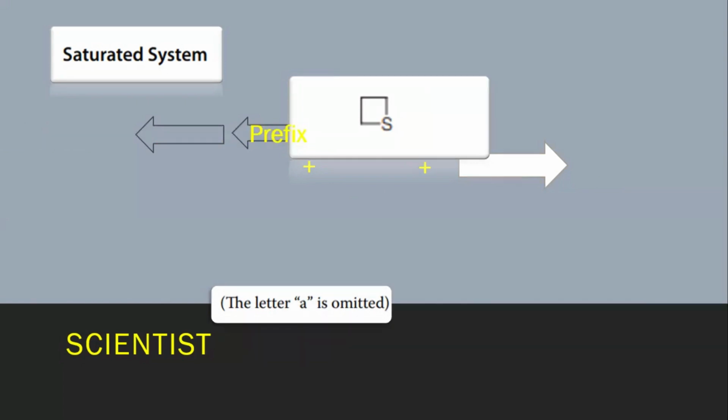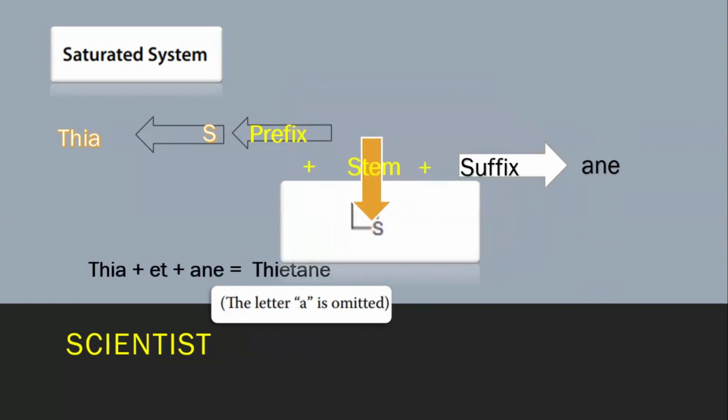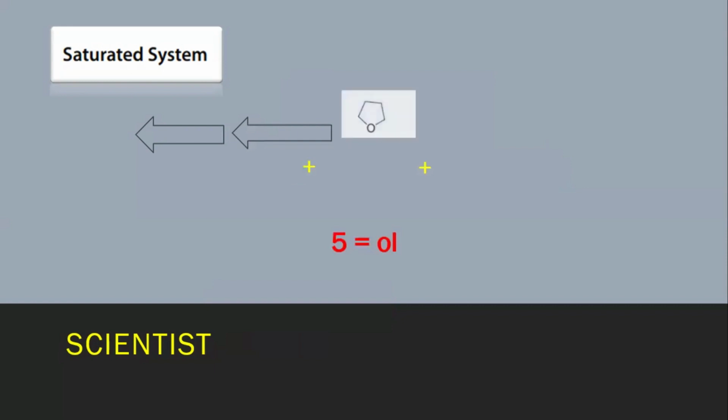As you know, sulfur is known as thia. Let's discuss the stem. Stem is a 4 member, so it is et. Suffix is saturated, so N. Let's name it thiatane, thia et N. Letter a is omitted.